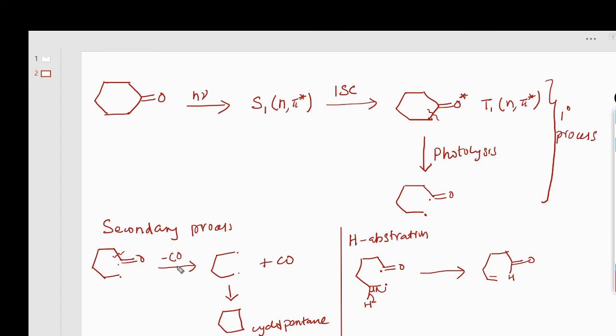One, it can undergo decarbonylation and then radical recombination, or otherwise we can call here cyclization, to give cyclopentane. Otherwise this radical can undergo hydrogen abstraction in an intramolecular fashion to give this compound. Thank you.